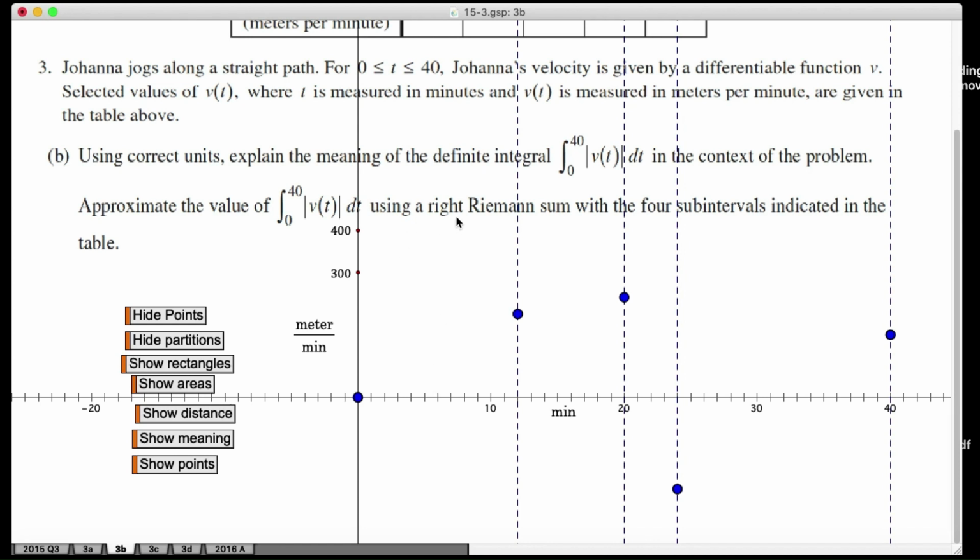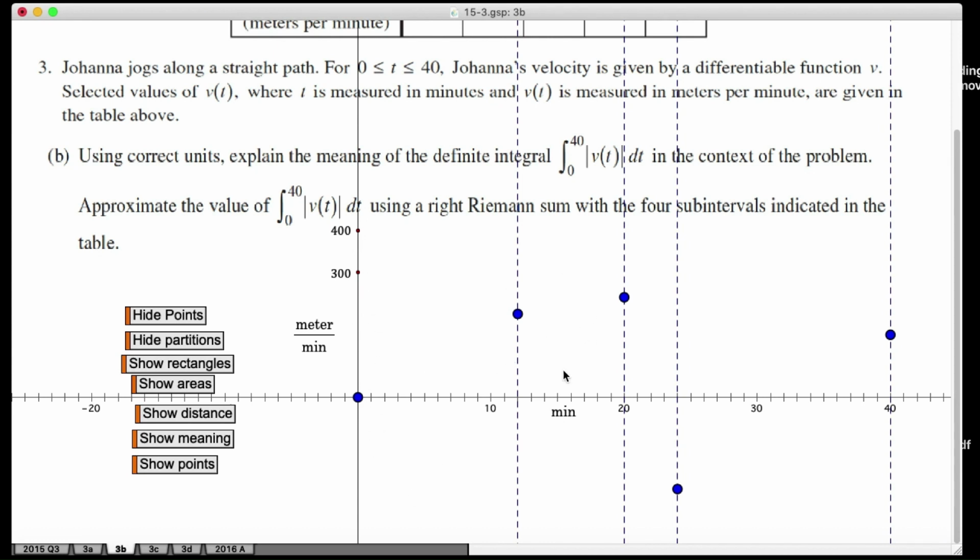And then it says use right-Riemann sums. So in this first subinterval, I go to the right side, go to the point, and draw it across and form a rectangle to where the other vertical partition is.